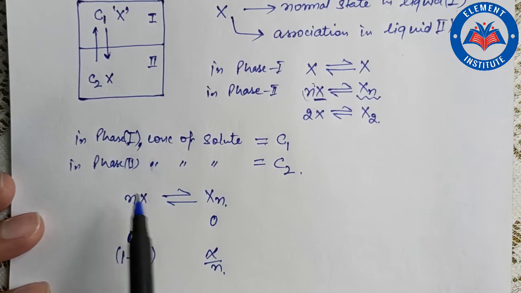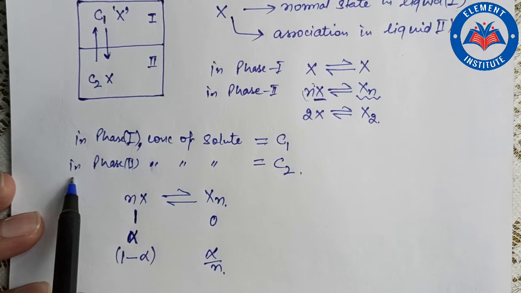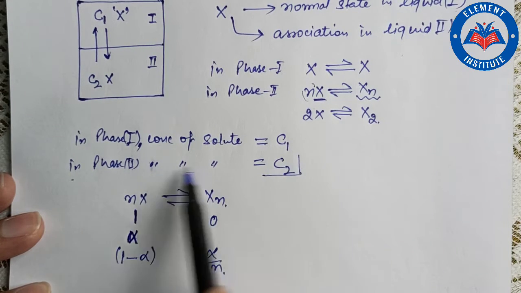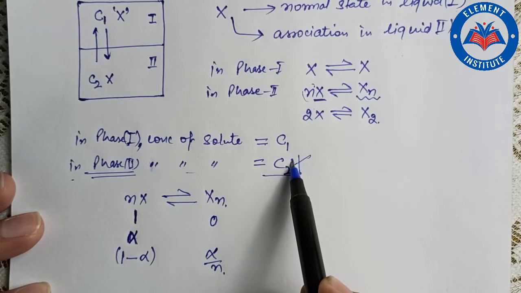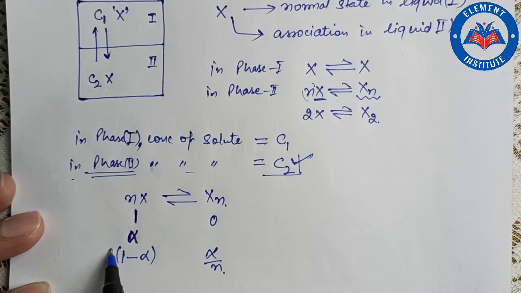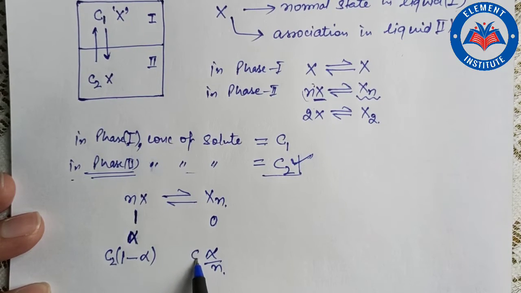Now as we said that the concentration of solute in phase 2 is C2, we have to multiply with this.